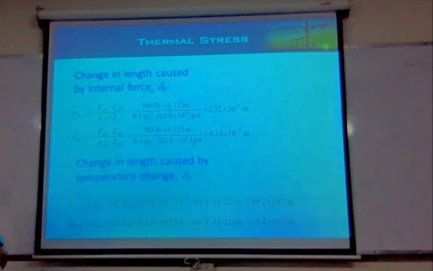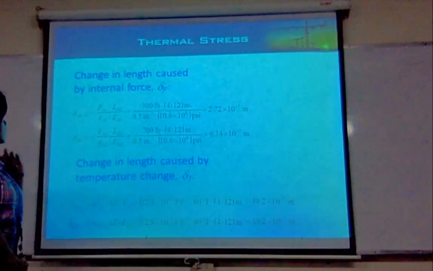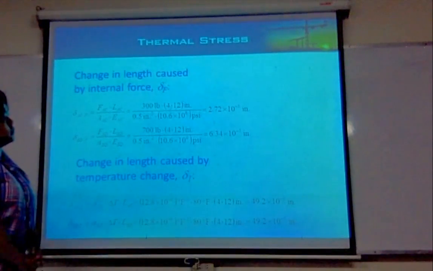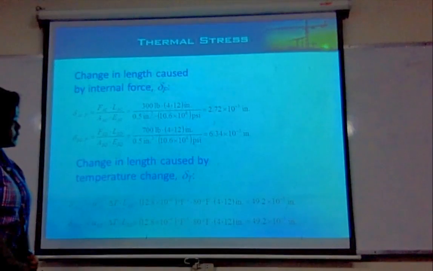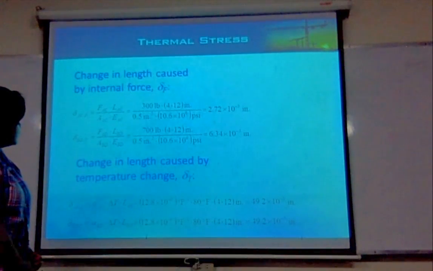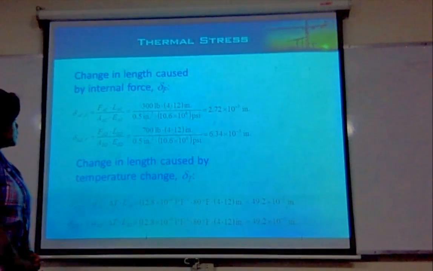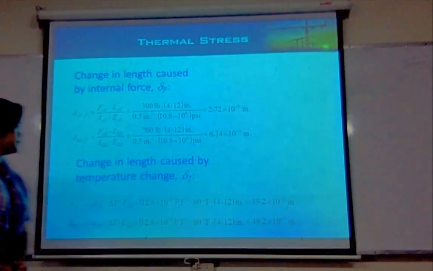To calculate the change in length caused by the internal force, it is force times the length over the cross-sectional area times the modulus. Substituting the values in the computed forces, we get 2.72 times 10 to the negative 4 for AC and 6.34 times 10 to the negative 4 for BD.